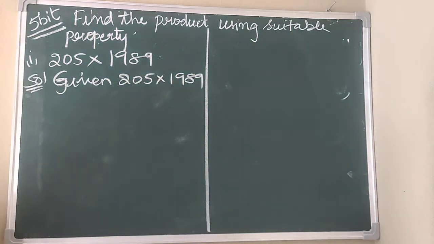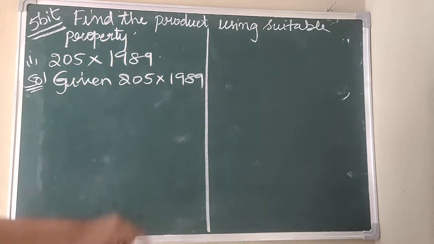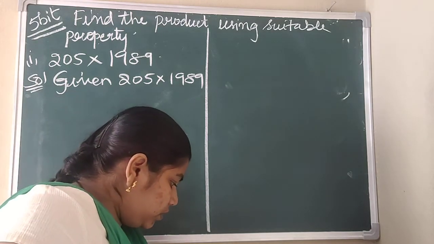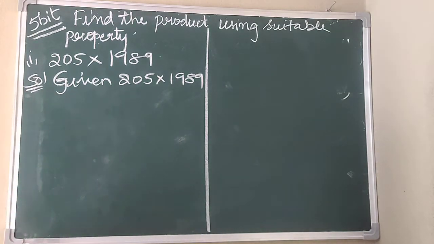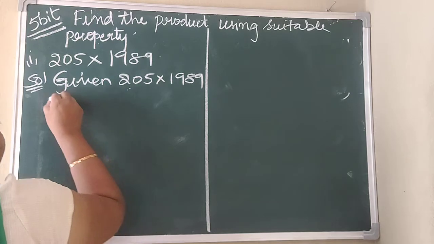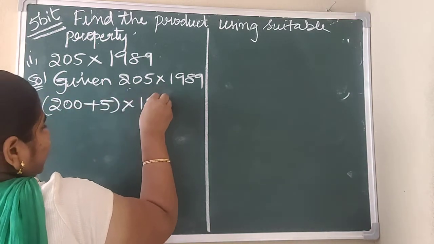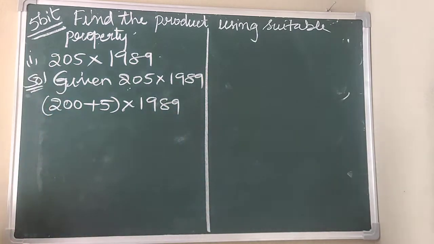If you take this 205, we can write this 205 as 200 plus 5. So I am writing in the form of 200 plus 5 into 1989. So this has been converted to distributive property now.